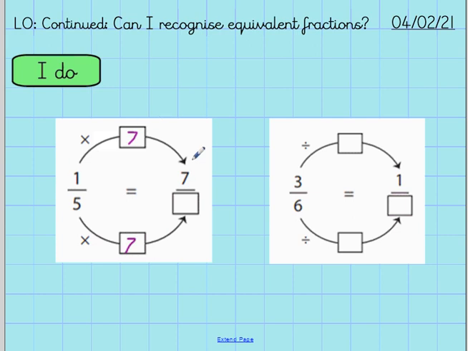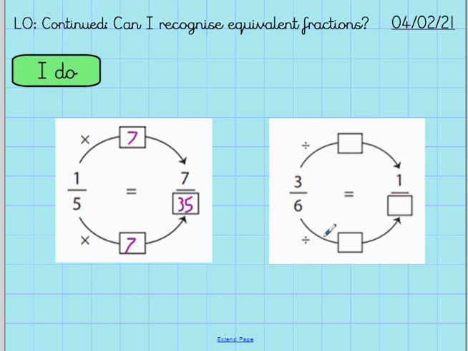Whatever we do to the numerator, we have to do to the denominator. So we're going to multiply by 7, then we can work out the denominator over here by following the calculation. 5 times 7 is 35. So we've now created an equivalent fraction. 1/5 is equivalent to 7/35. The important rule is whatever you do to the top, you have to do to the bottom.